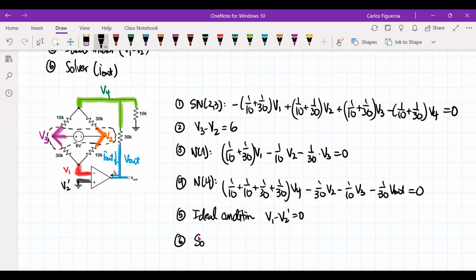I need a solver for iout. Well, I'm going to look at the node V4. So if I look at the node V4, note that this really tells me that V4 minus Vout should equal 30 times iout.